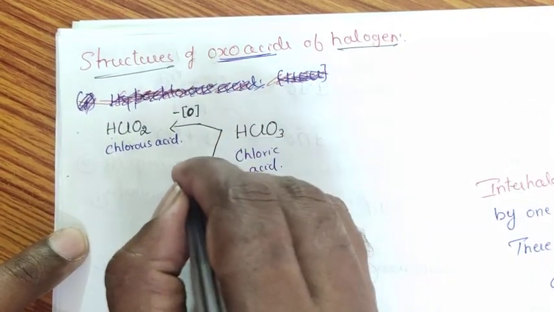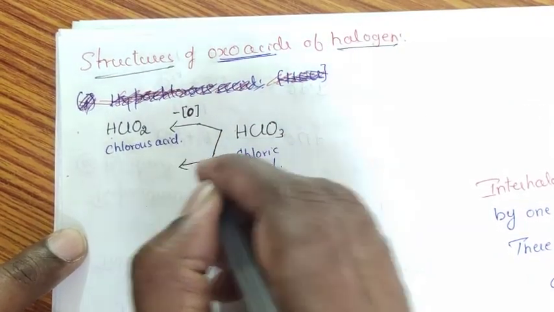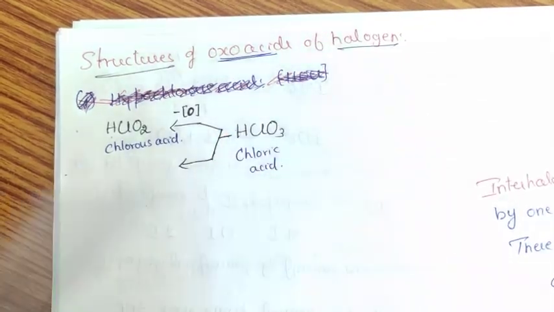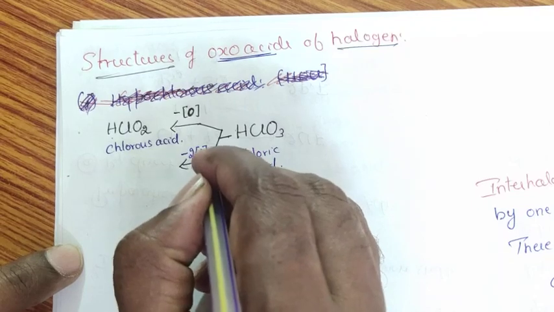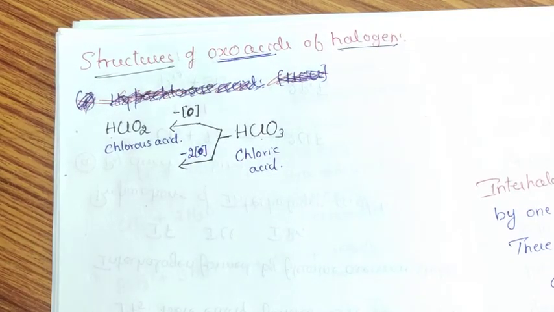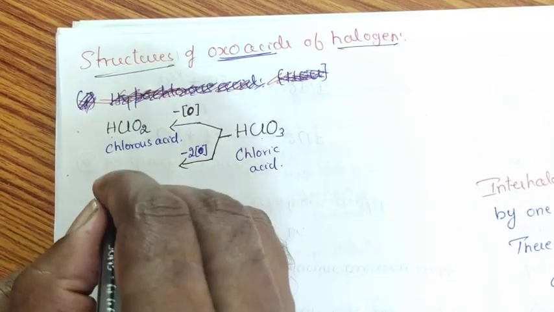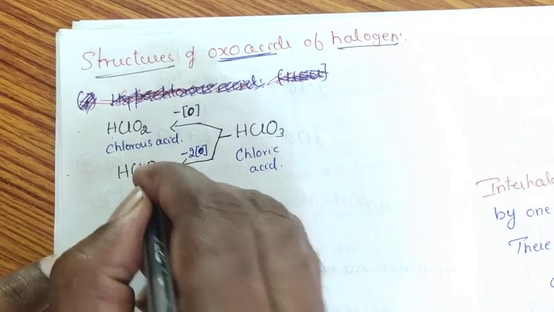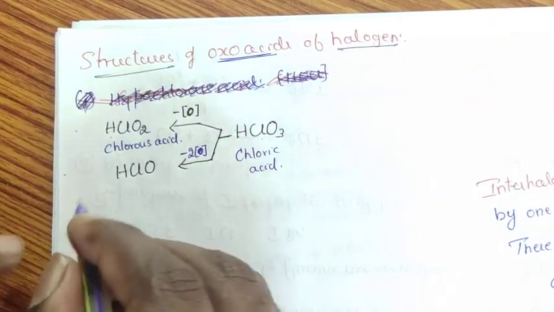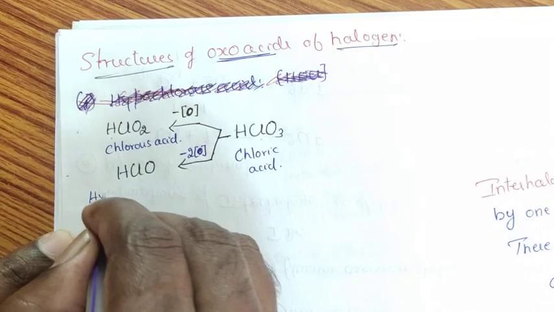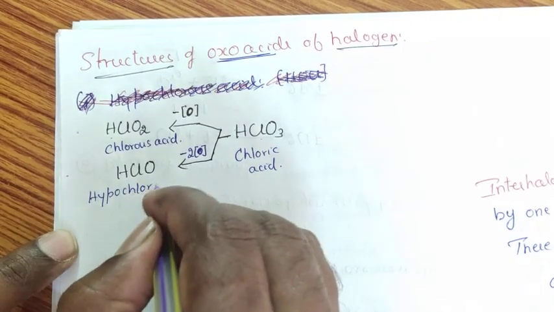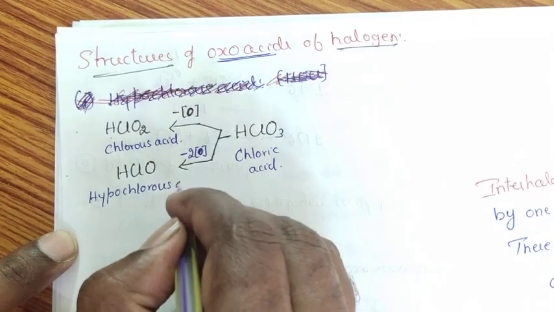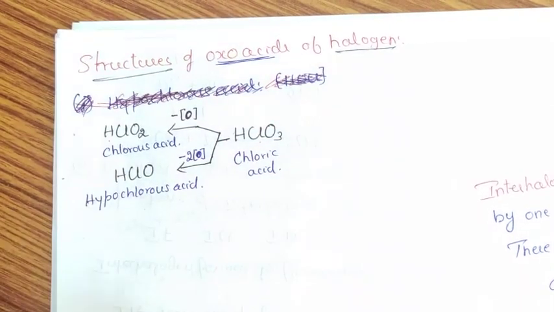If I remove two oxygen atoms from chloric acid, I'll get the composition HClO. The name of the compound is hypochlorous acid.